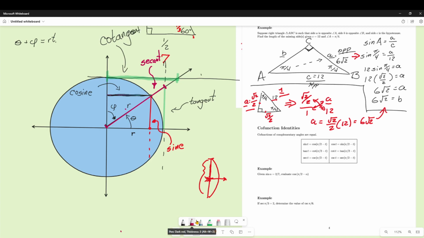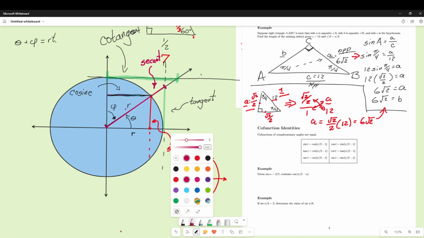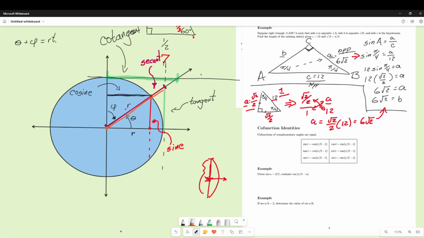And lastly, but certainly not least, if we measured the length that cuts through to where the cotangent hits, that would be our cosecant length.